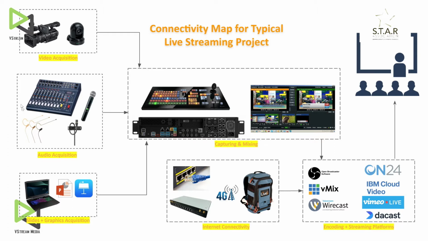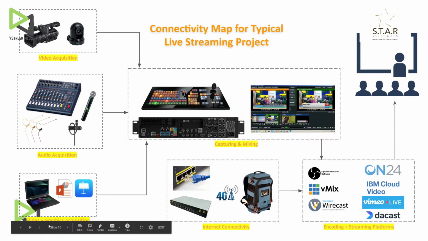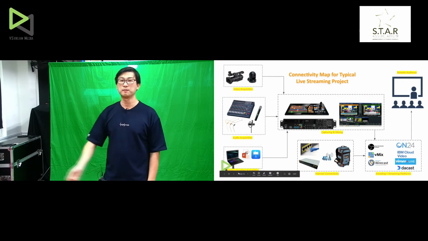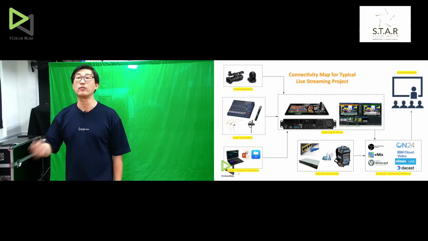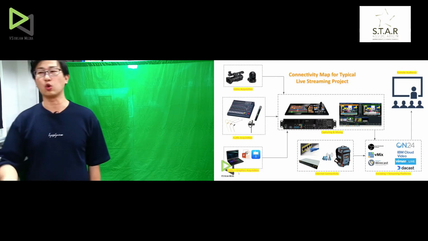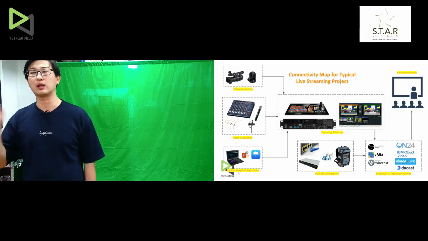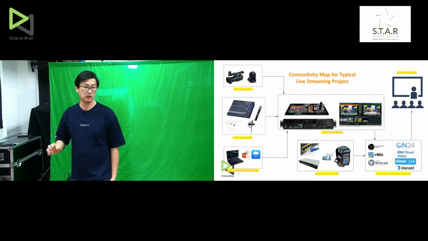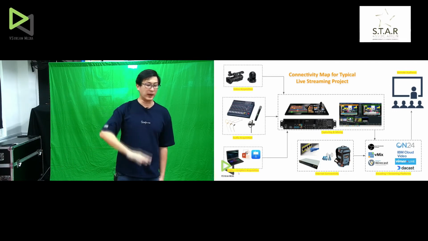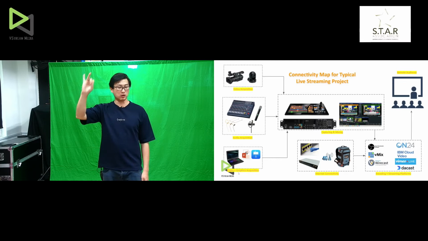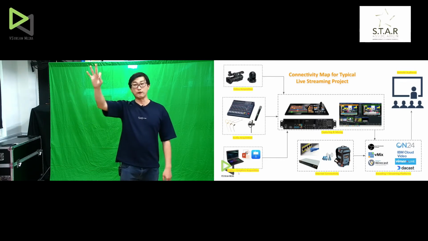And very often, clients will have slides and their graphics and whatnot to input. So it's always important to understand what clients want to throw into us so that we can throw out into a picture-in-picture or whatever other ways we want it to be, right? So these three parts so far: video acquisition, audio acquisition, and slides or graphics acquisition.